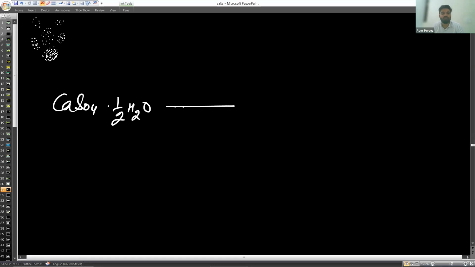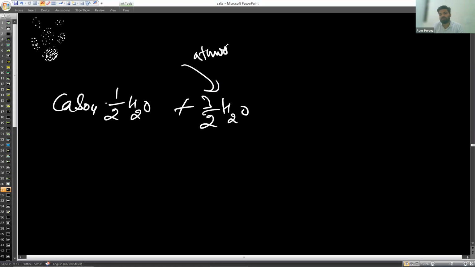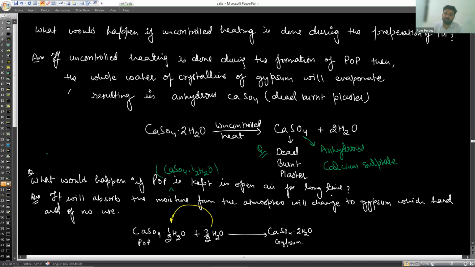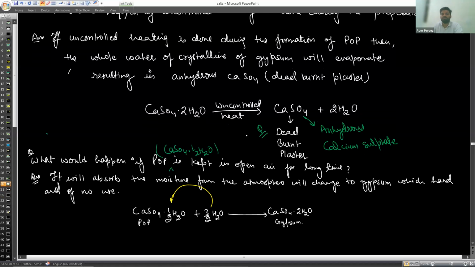It will absorb 3 by 2 water molecules from the atmosphere and again become gypsum, which is a very hard mass and of no use. A question that comes in your examination: what would happen if POP is kept in open air for a long time? It will absorb moisture from the atmosphere and change into gypsum, which is a hard mass and of no use.